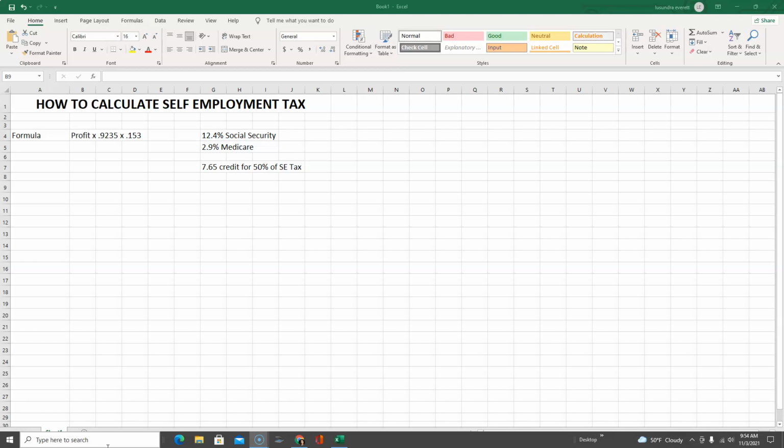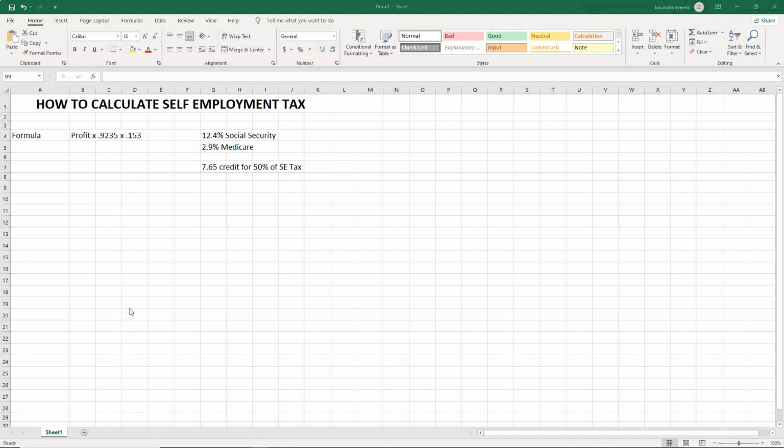So this is strictly on self-employment tax. And if you get this right, then you'll really be able to focus on getting your estimates paid so that, again, you're not dealing with such a huge tax bill, okay? So let us get started.